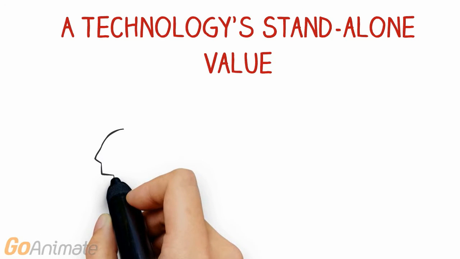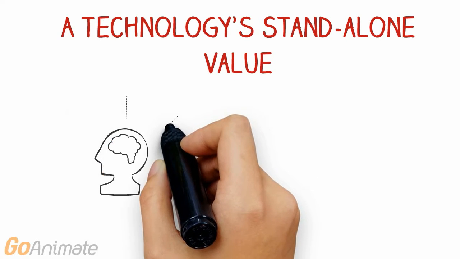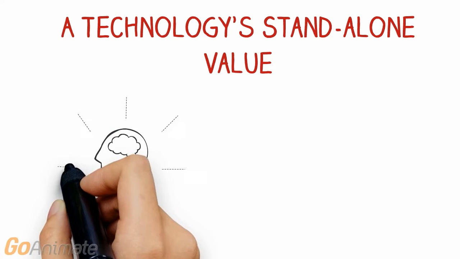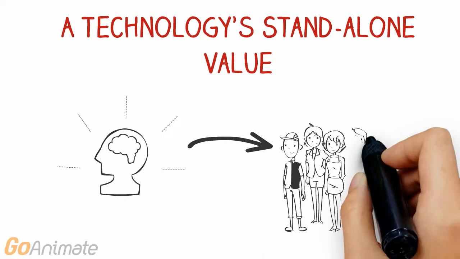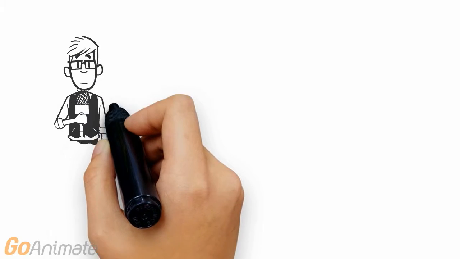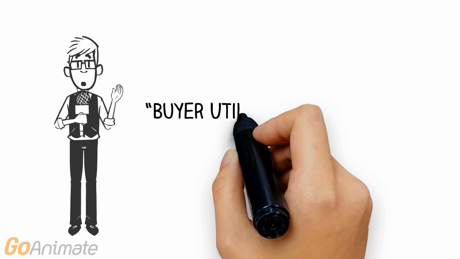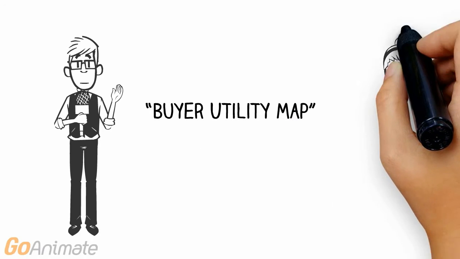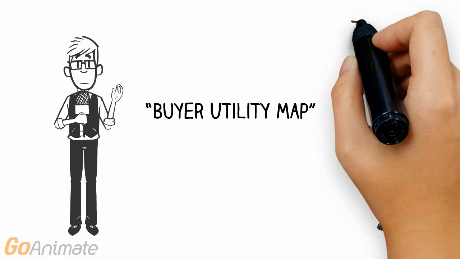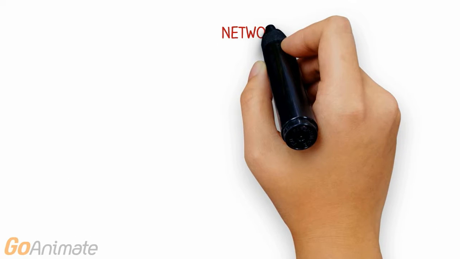The technology's standalone value refers to the aspects of a new technology that will be valued by potential customers. Kim and Mauborgne developed the buyer utility map to help managers determine what aspects of a new technology will be valued by potential customers. Network externality value.